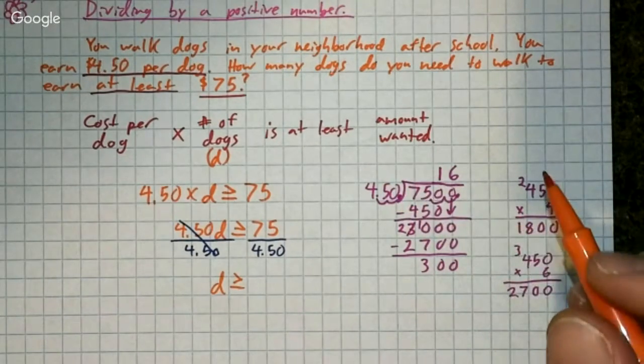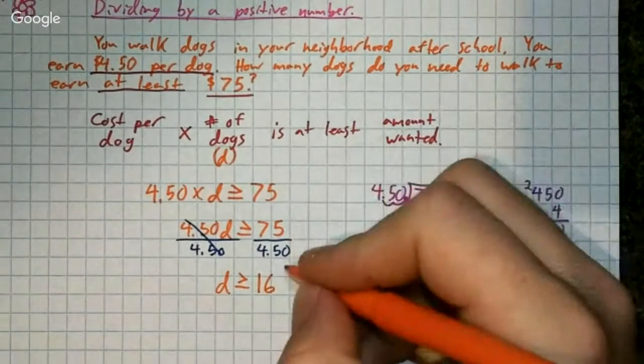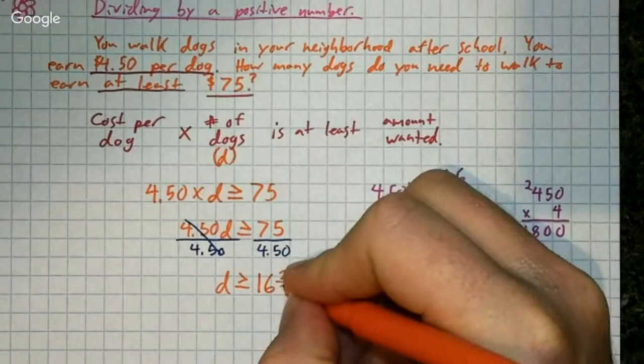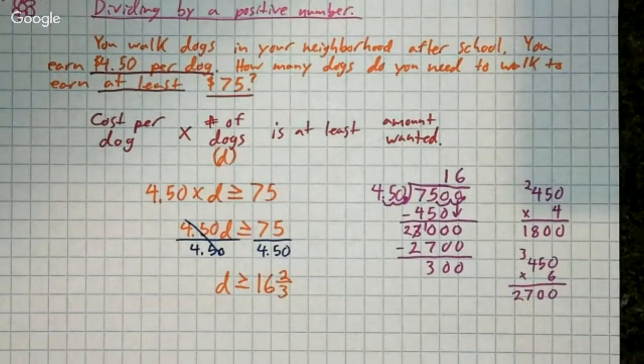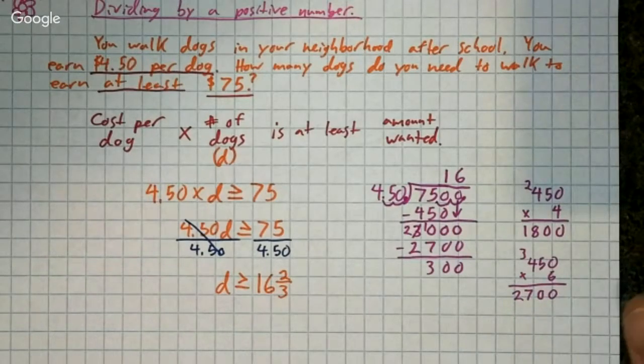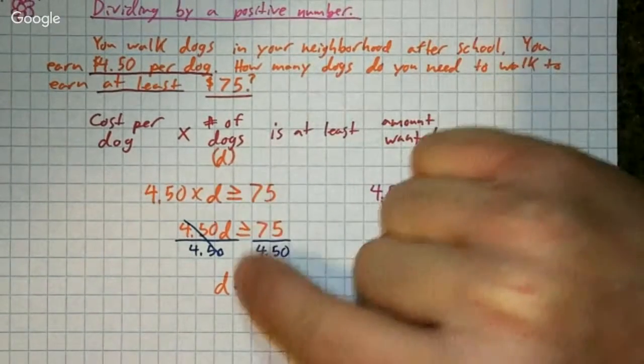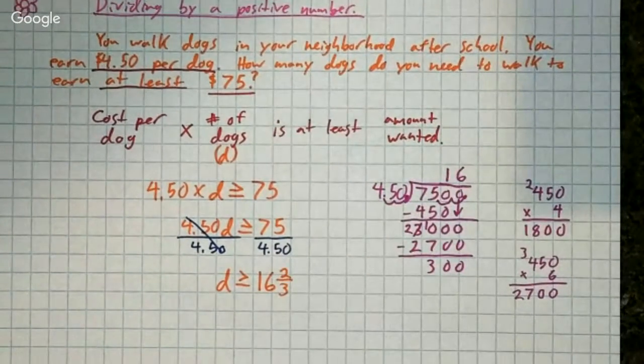Really, once we get down to it, we would find out that D is greater than or equal to 16 and 2/3. So a lot of work over on the side there, but you always want to make sure that you're using that scratch paper. And as you can see, every single time our inequality sign stayed the same.